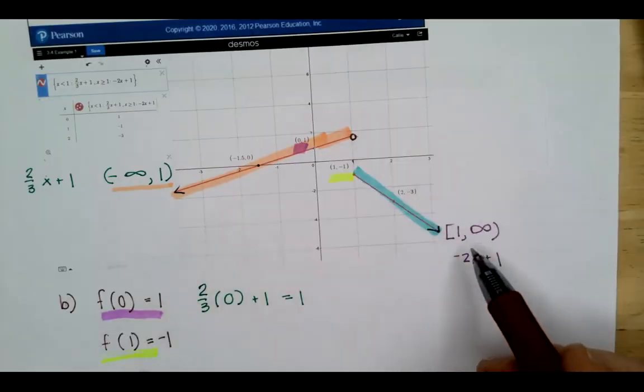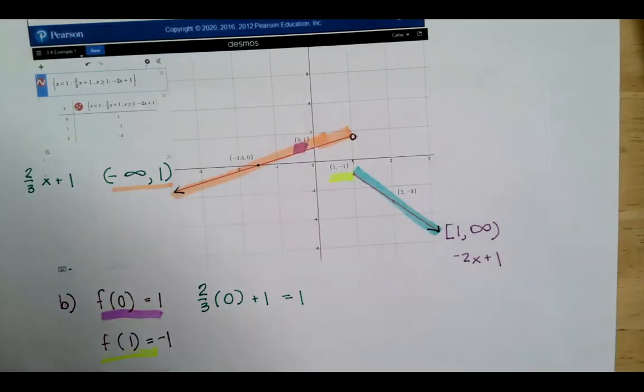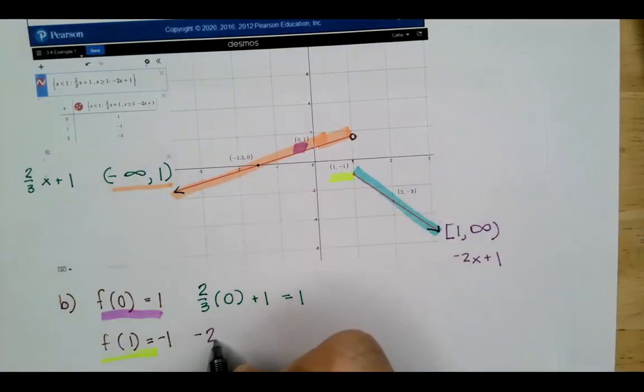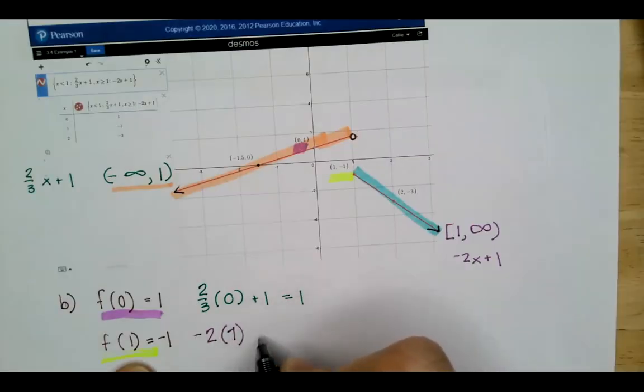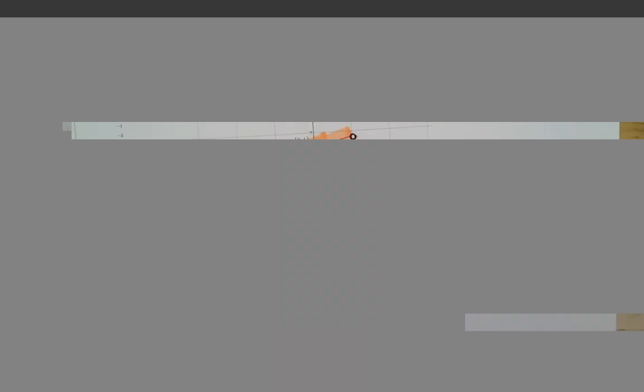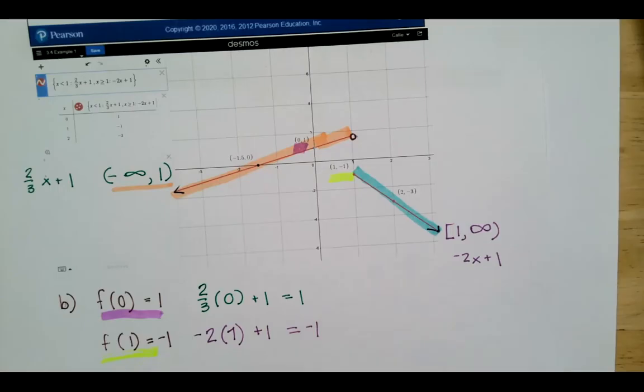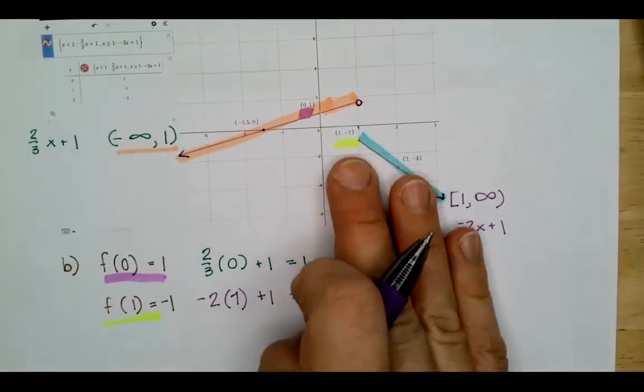And I'm going to start using this equation, so you're also welcome to put it into your equation. -2 times x, which is 1, plus 1. -2 times 1 is -2, plus 1 is -1. So I can do it algebraically, or I can just look at the point.